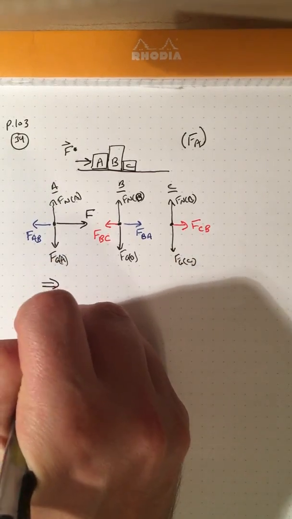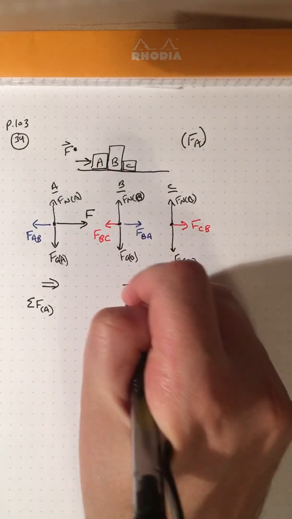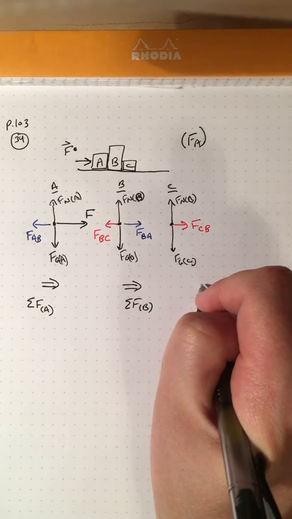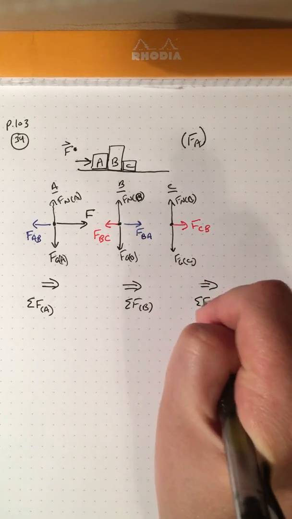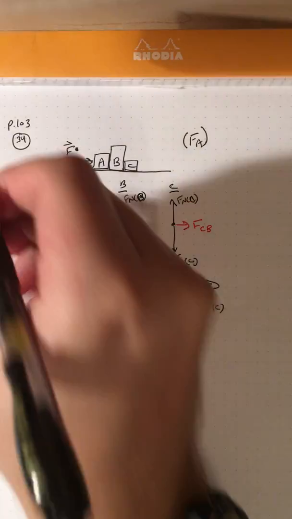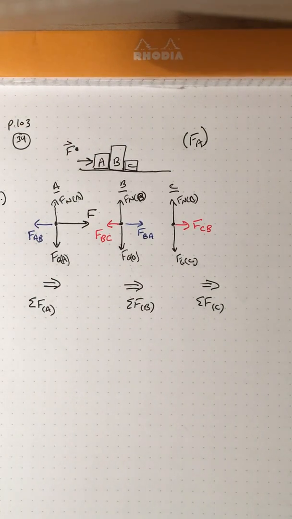So I'm going to call this the net force on A, which is forward. I have a net force on B, which is forward, and I have a net force on C, which is forward. Okay, so that's part A. Part A was to just draw our free body diagrams. That's what we've got.